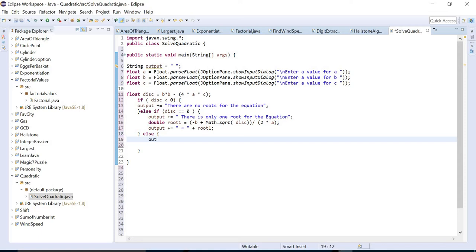And then we do the output plus equals quotation \n. There are 2 roots for the equation. Okay? And then end with the semicolon.